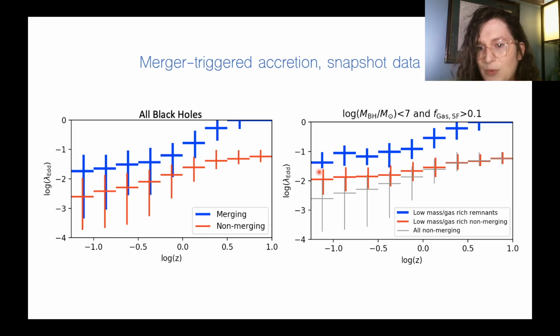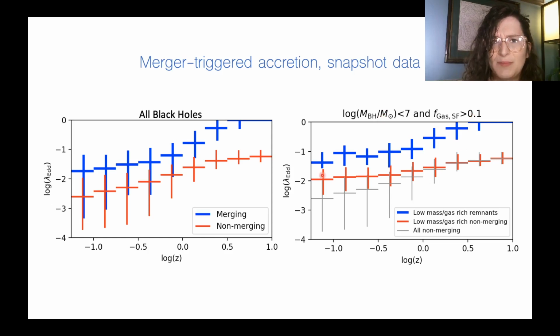And we've also included on here all non-merging, so the gray crosses here, or the red crosses from over here. That just gives you an idea of the behavior of this subpopulation relative to the total population. But the point here is that for these supermassive black holes explicitly, there's an offset throughout cosmic time.